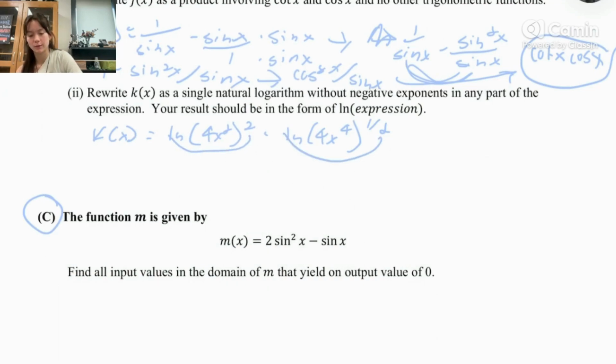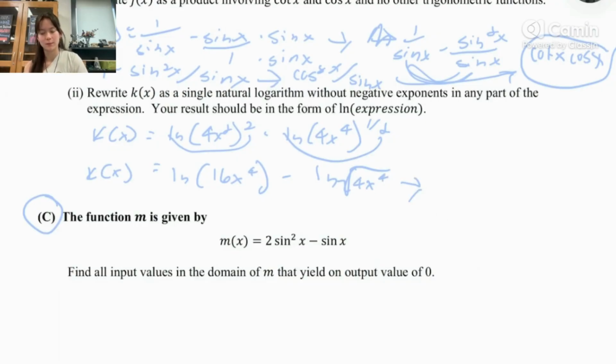So that would simplify to k of x equals ln 16x to the 4th minus ln square root of 4x to the 4th, which again simplifies to ln 16x to the 4th minus ln 2x squared.